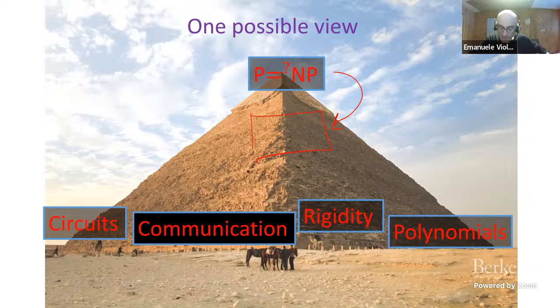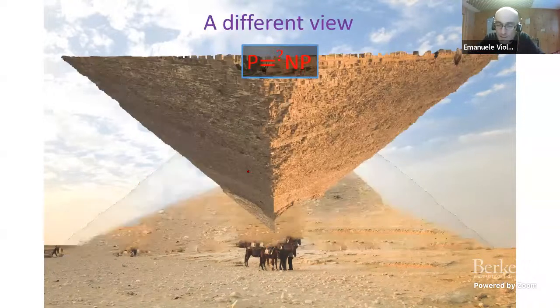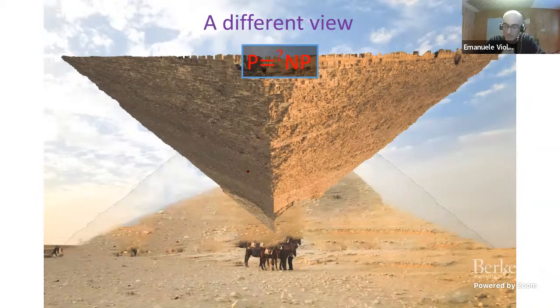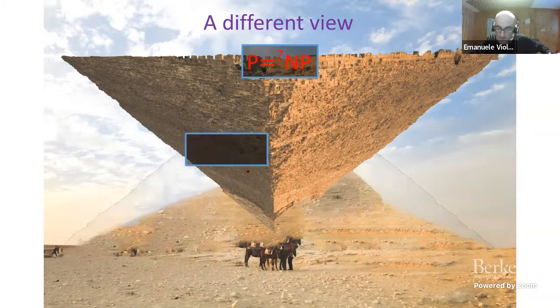Yeah, I agree. I'm going to propose a different view: that the pyramid is maybe upside down. So P versus NP is still at the top. There's going to be something more after that, but for now, I'm just going to focus on this. And actually, there aren't really that many problems here.